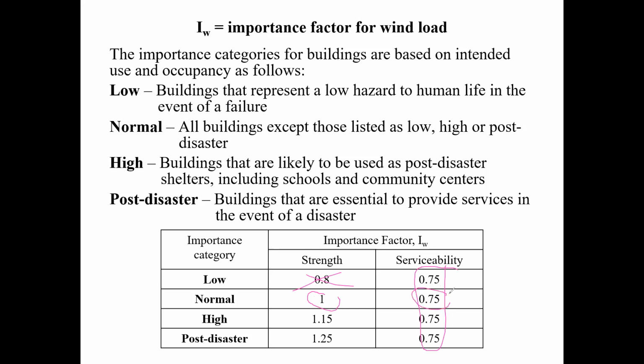The serviceability is the same no matter what category. The importance factors are the same for snow as they are for wind. Our house is normal, so we're going to take a value of 1.0 for the strength, and 0.75 for the serviceability.